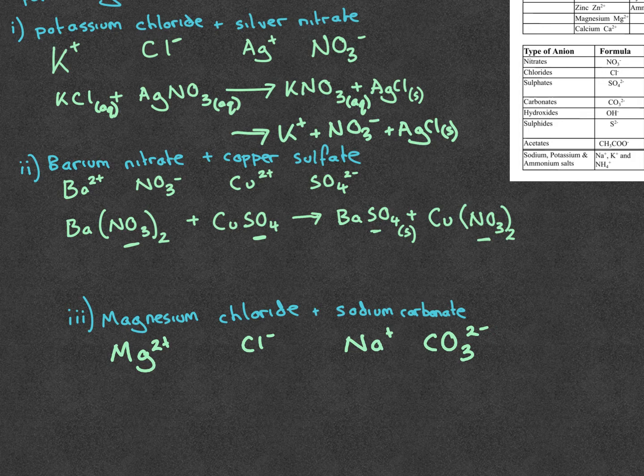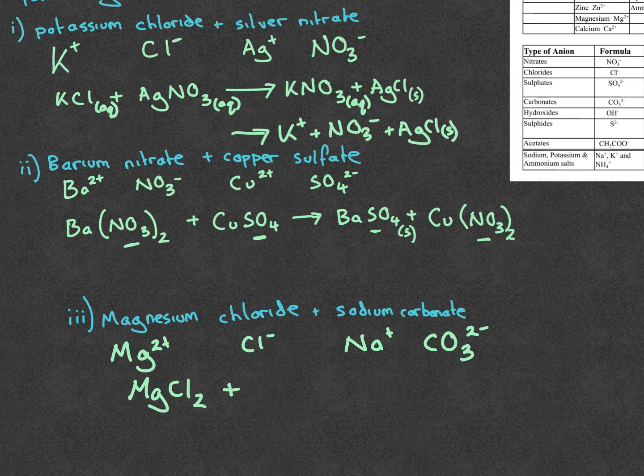Here we've got some more complex molecular formulas because we've got ions with different charges on them. Magnesium is a 2+, chloride is only a -1, so we're going to need 2 chlorides for every 1 magnesium. Because it's a monoatomic ion, we don't need to have the brackets around the ion this time. So we've got magnesium chloride plus sodium carbonate.